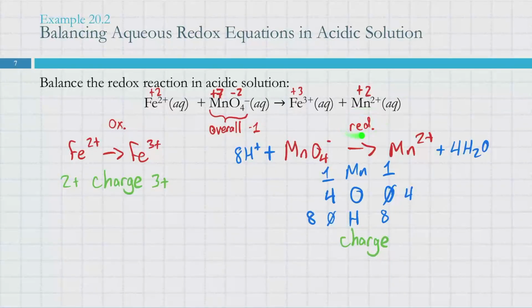For our reduction half reaction, we've got 8 times 1+ and also 1-. So we've got 7+. And on the right side, we've got 2+.